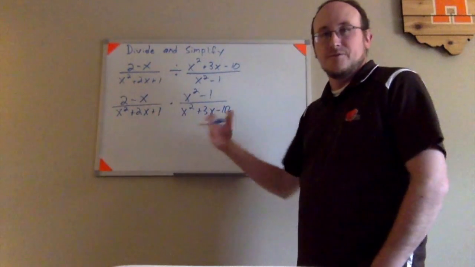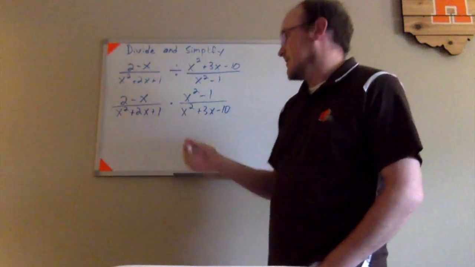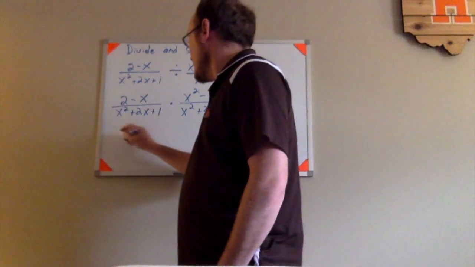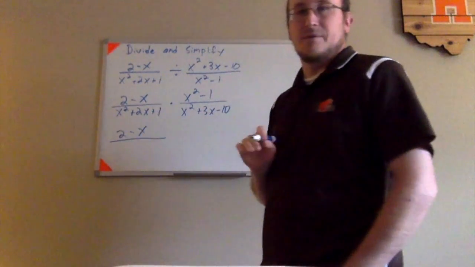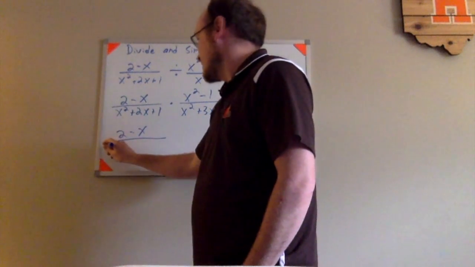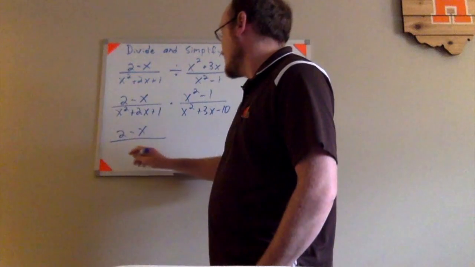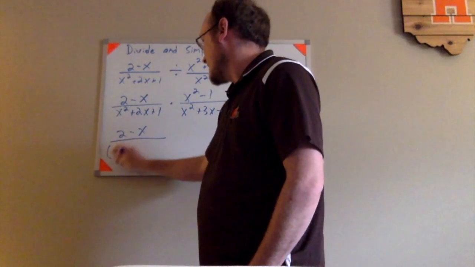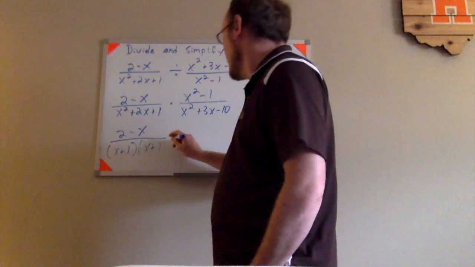Let's try to factor all the numerators and denominators and see if we have anything that we can cancel out. So here I have this 2 minus x. We're actually going to end up doing something with that in a moment, but I'll save that for a little bit later until we can see why we need to do that. This trinomial, x squared plus 2x plus 1, will factor as (x plus 1) times (x plus 1).